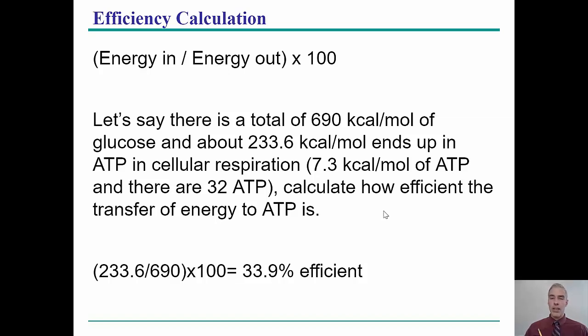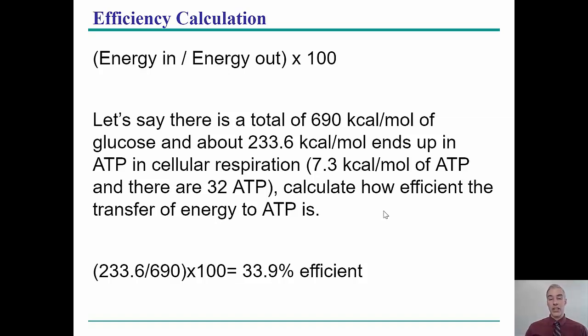So the way we calculated this was there's 690 kilocalories per mole. That's just a measurement of the energy per mole of glucose, and about 233.6 kilocalories per mole that ends up in ATP from burning that 1 mole of glucose. So as you can see, it's 233.6 divided by 690, only about 33.9% efficient.